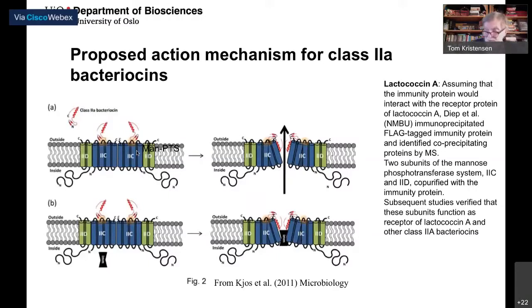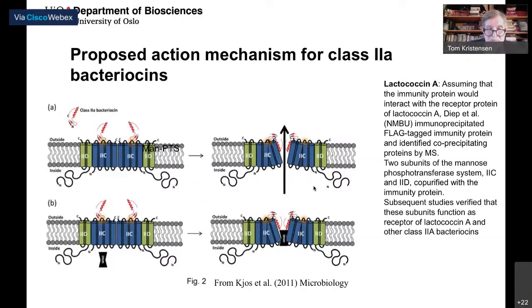This group at the Life Science University were able to show that this mannose phosphotransferase system was the recipient of the bacteriocin by doing some immunoprecipitations of the immunity protein, which is the protein that makes the cell that produces the bacteriocin immune to its own bacteriocin. So you could show that this mannose phosphotransferase system co-purified, co-precipitated with the immunity protein in immunoprecipitation studies.